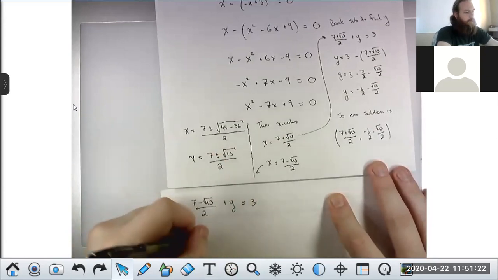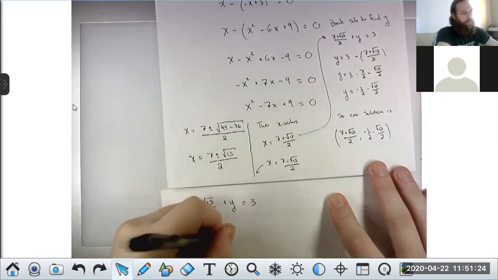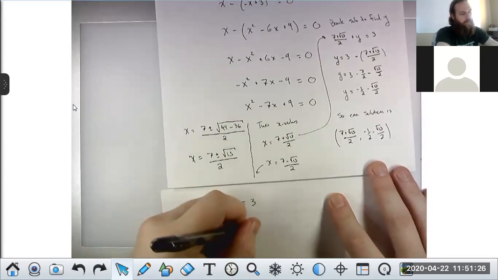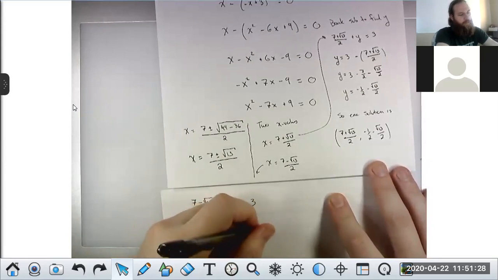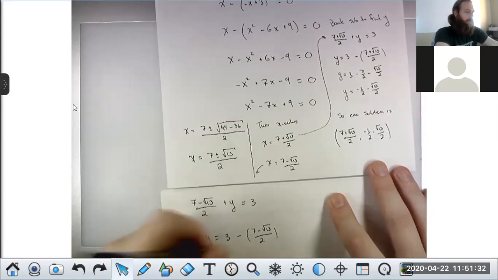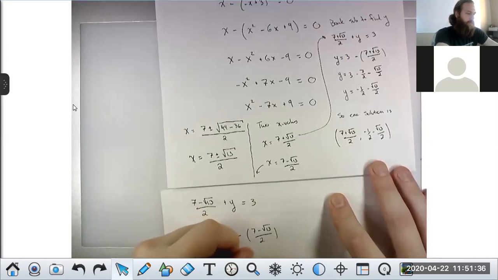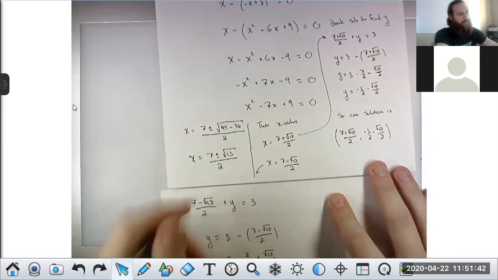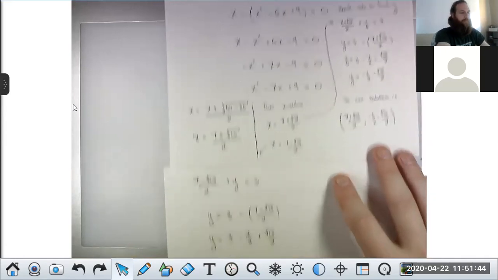Again, I subtract that over, so I get y equals 3 minus (7 minus the square root of 13) over 2, which is the same as saying y equals 3 minus 7/2 plus the square root of 13 over 2, just distributing the negative and splitting up the fraction.